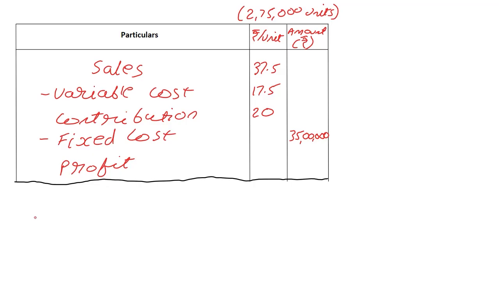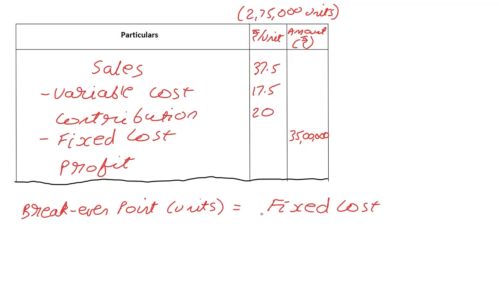I know that break-even point in terms of units is equal to fixed cost upon contribution per unit, or what we call CPU.